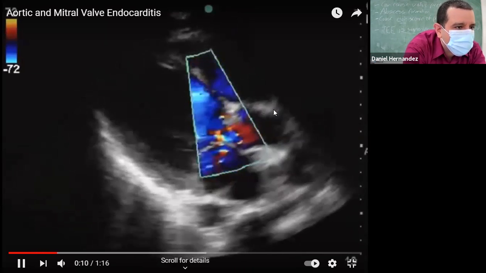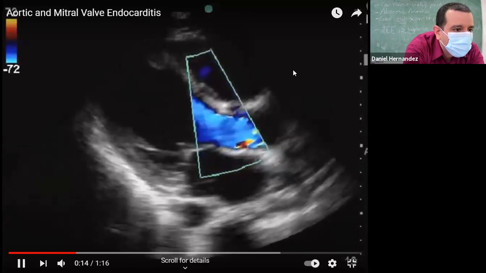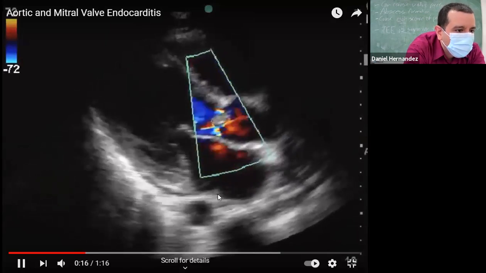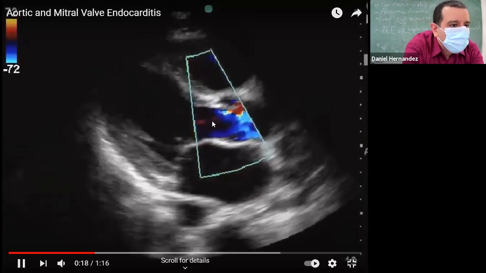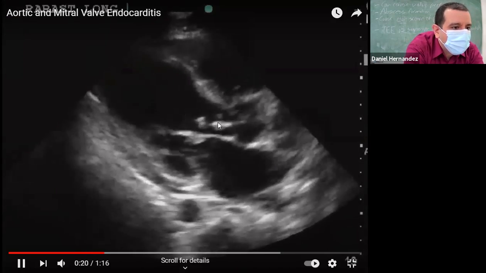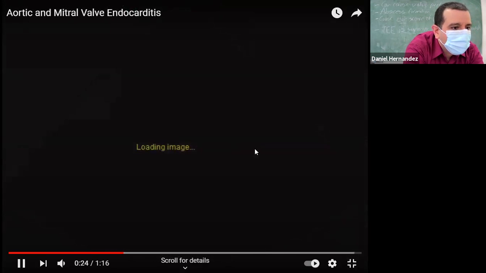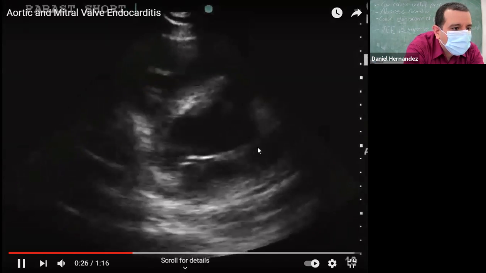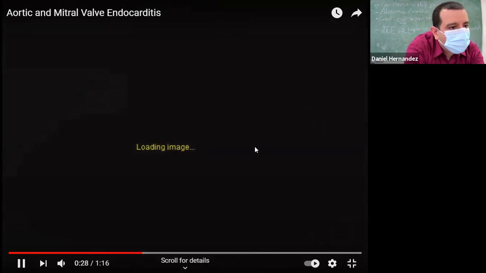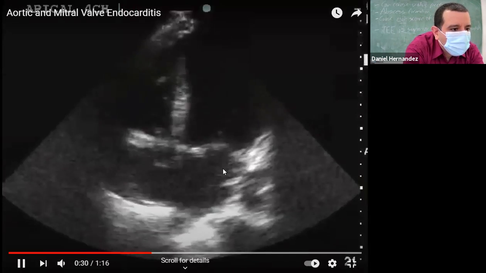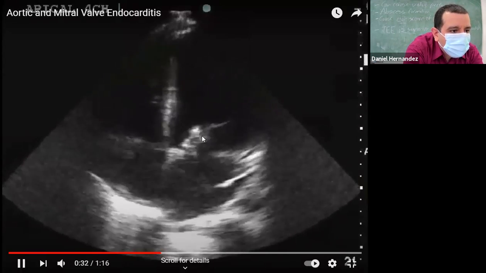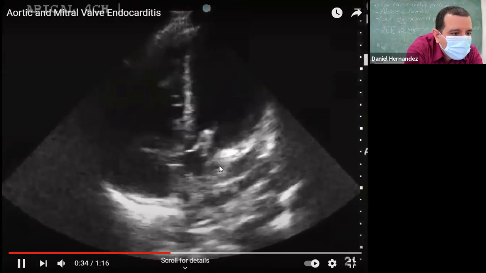Apparently, there's also a small one on the mitral valve. I think I see it when they go in the 4-chamber view, come in and out a little bit. And you can see that obvious one on the aortic valve. Looks like the LVOT.